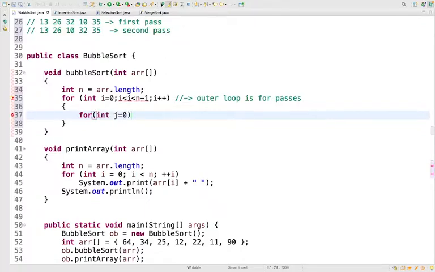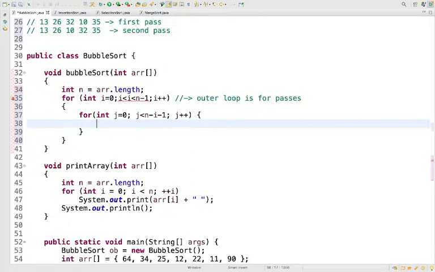So what we are going to write is j less than n minus i minus 1. I will explain why we write this. In the j loop we start at 0, but the limit is n minus i minus 1. Why we are doing that, we will discuss right now. Let me just write the code. This loop will be used for comparison.